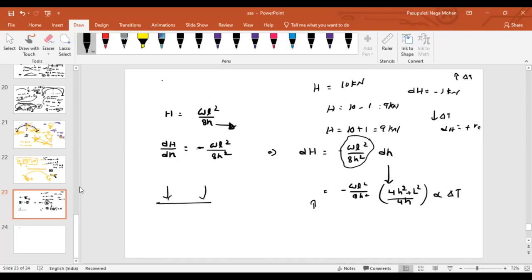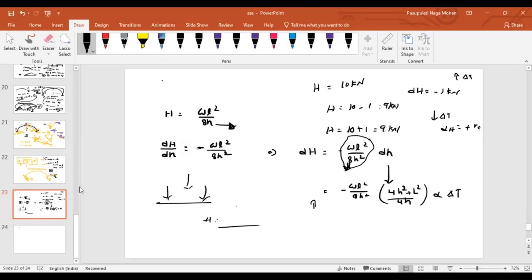That means if I give 2 different loads, 3 different loads like this, can I get a formula, just like WL square by 8H square or WL square by 16H square? For the standard cases only, we can write down the formula like WL square by 8H square. But other than the standard cases, we cannot simplify this equation.